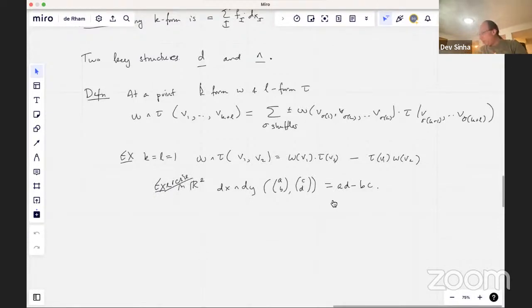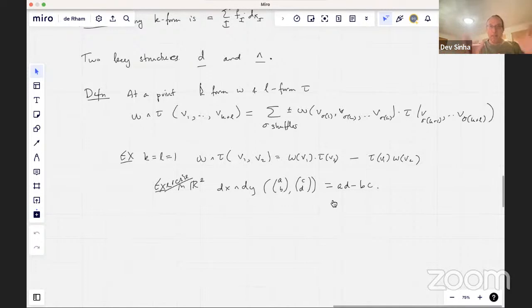So these forms have something to do with determinants, which makes sense if you're talking about area, since signed area is given by determinants. And these forms are given by determinants. And the wedge product is a way to take a k-dimensional determinant and an l-dimensional determinant and produce a k plus l dimensional determinant. But this example makes it seem easy.